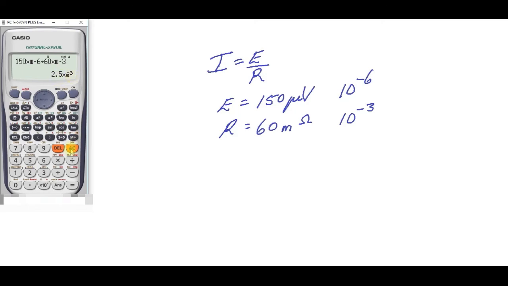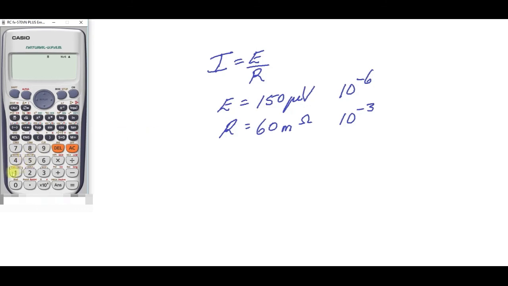Might do all of that again because it's worthwhile. So we're going to enter 150 microvolts into the calculator. Now 150 is 150 by 10 to the minus 6, and we're going to divide that by 60 milliohms, which is 60 by 10 to the minus 3. Let's put that into the calculator the way the calculator wants to get it.